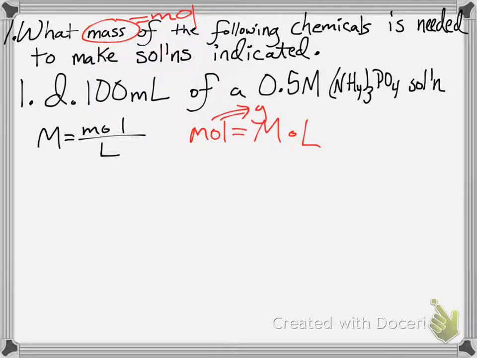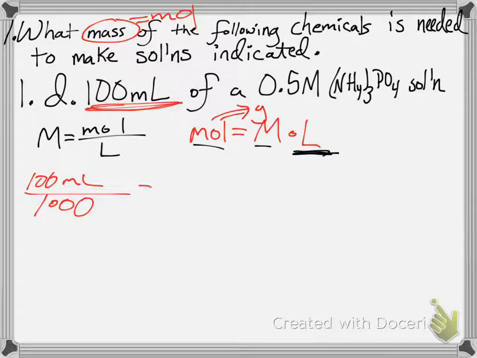I'm just putting in a little game plan. It's good to think of why you're doing things, all right? So since moles equals molarity times liters, well, I look at my question and it's milliliters. So I'm already going to have to change something. So I'm just going to take the 100 milliliters, divide that by 1,000, and I get 0.1 liters. Sweet. And now I'm just going to plug everything in.